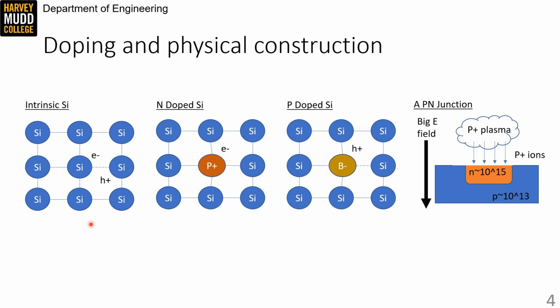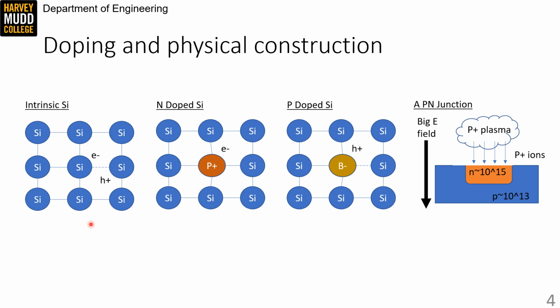The covalent bonds that hold a crystal together are stable, so there aren't many charge carriers. For reference, there are about 10 to the 10th charge carriers per cubic centimeter in silicon at room temperature, which is much less than the 5 times 10 to the 25th atoms per cubic centimeter. That means that intrinsic semiconductors aren't terribly conductive, because mobile charge carriers are the source of conductivity, and they're rare in intrinsic silicon.